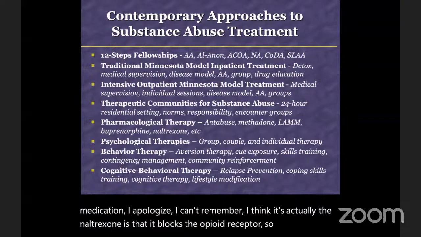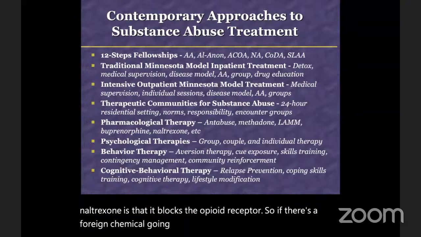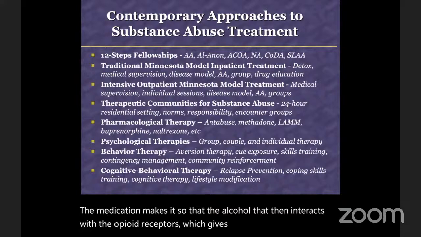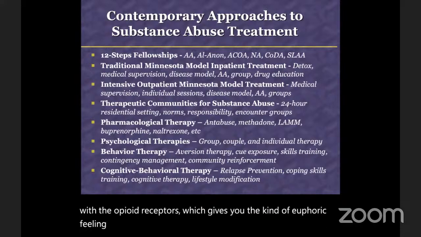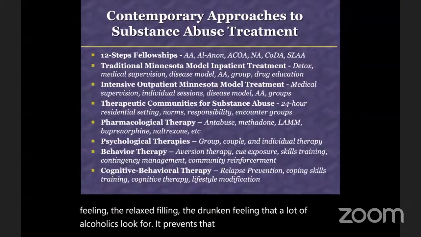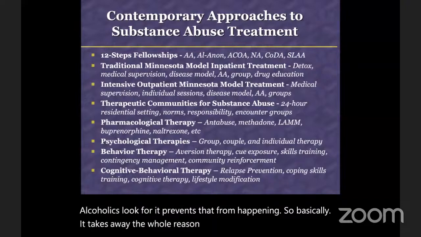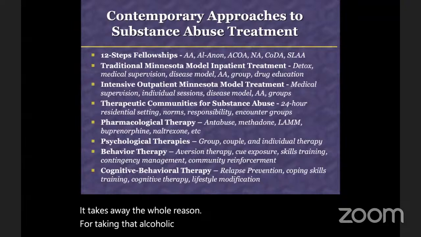So if there's a foreign chemical going into the body, the medication makes it so that the alcohol that then interacts with the opioid receptors, which gives you the euphoric feeling, the relaxed feeling, the drunken feeling that a lot of alcoholics look for, it prevents that from happening. So basically, it takes away the whole reason for taking the alcohol on a pharmacological level.